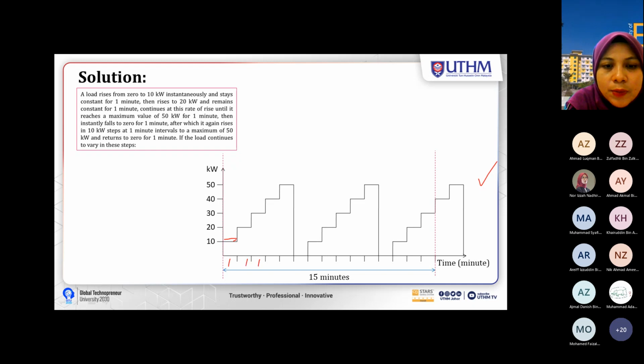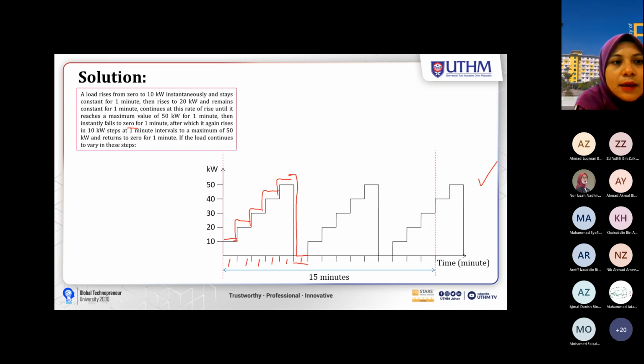Semua ni 1 minit, 1 minit. Interval dia 1 minit. And then dia naik ke 20. Kemudian naik lagi 30, 40, 50. Right? And then dia kata falls to 0 for 1 minute. Jatuh from 50 to 0 untuk interval about 1 minute.